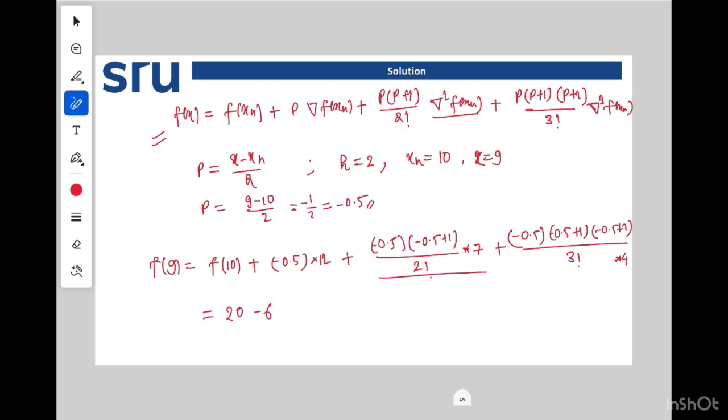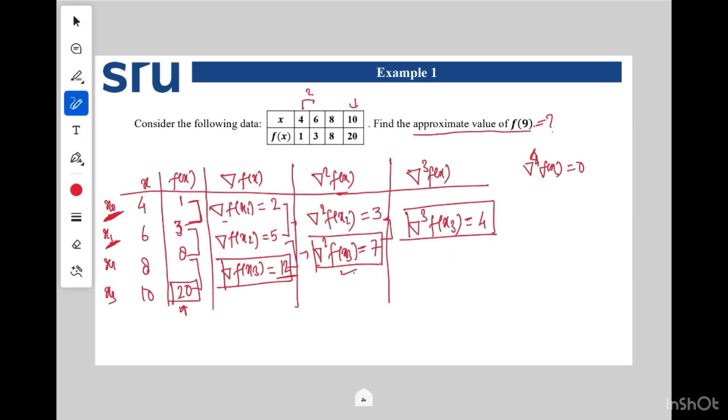Again, if you solve the next quantity, you will get minus 0.875, and the last term gives minus 0.25. If you add all these, you will get 12.875. So this is the value of f of 9. Similarly, you can calculate any value that lies between 4 and 10.